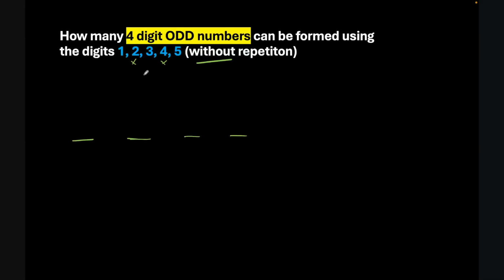So what I'm going to do is start filling in the restrictions first. Right? I cannot have an even number in my ones place. This has to be an odd number. So how many odd numbers do I have? I have 1, 3, and 5. So I have a total of 3 ways. Okay? Then let me just put the multiplication sign here. Now I can go ahead and do whatever I want.